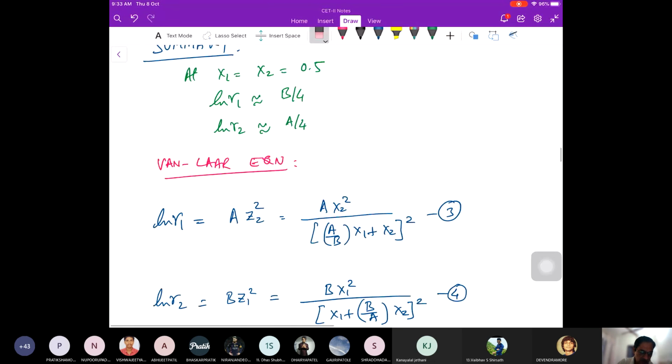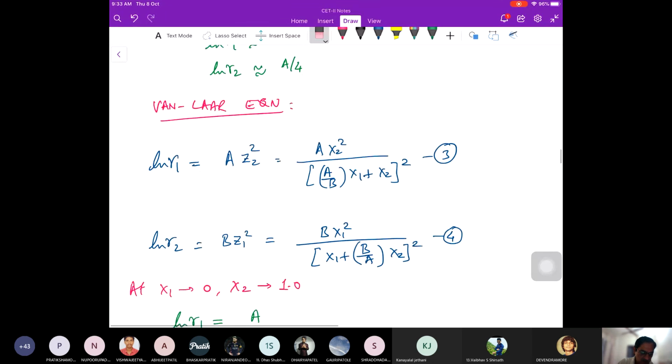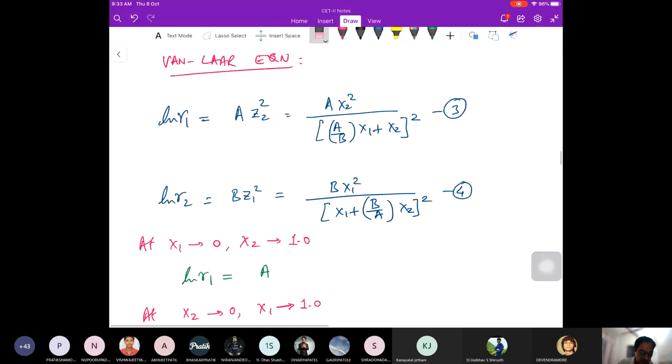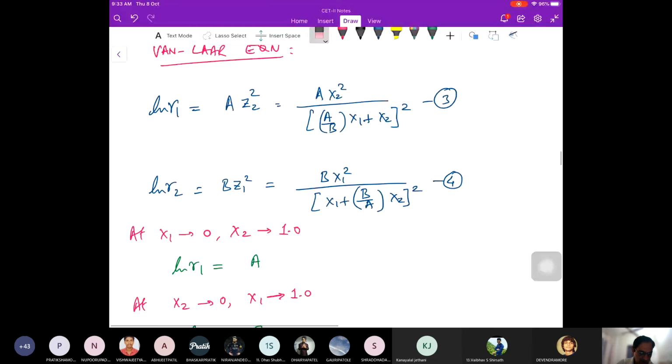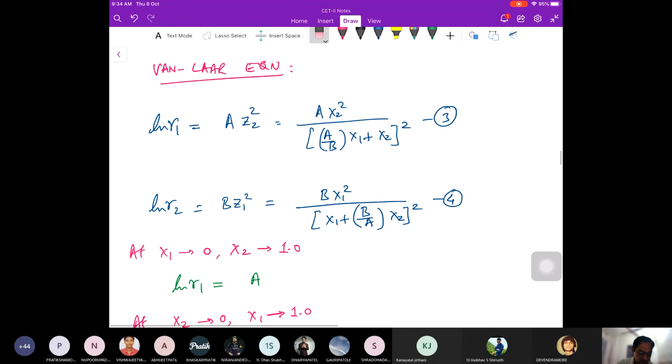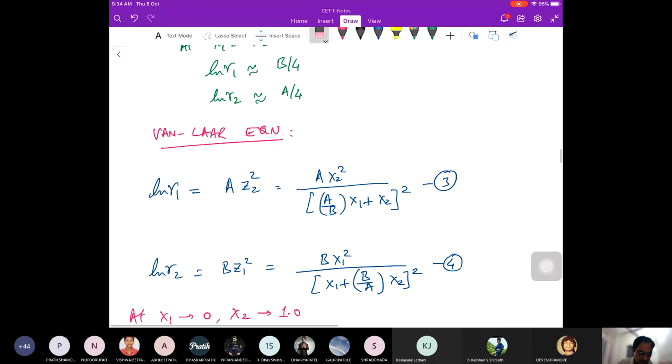Now if you look at the Van Laar equations, equation 3 and equation 4, and we assume x1 tends to 0 and x2 tends to 1, what happens? Substitute this in equation 3 and find out what we get.